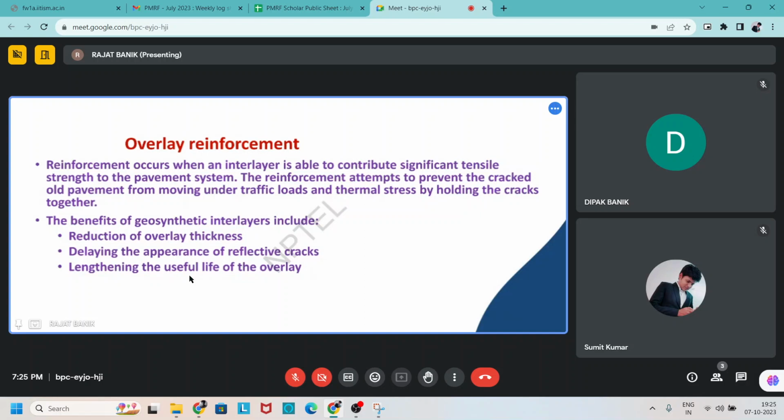Then, delaying the appearance of reflective cracks. We already discussed that due to the application of the geosynthetic material, the cracks generated below the surface may reduce. Then, lengthening the useful life of the overlay. So we can increase the lifespan of the pavement surface.